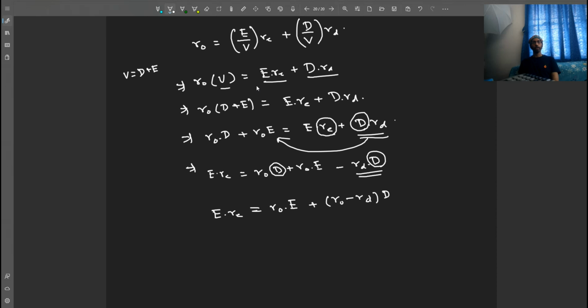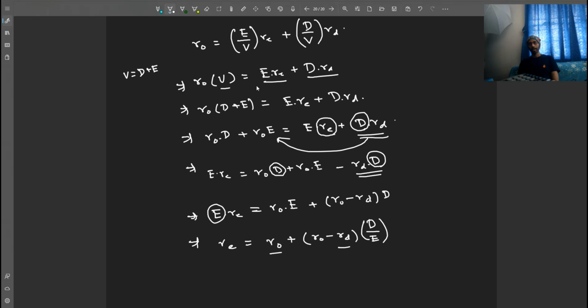Equity into cost of equity is equal to R0 into equity plus R0 minus RD multiplied by D. Now friends, if we divide both sides by equity, that is E, what happens? RE is equal to R0 plus R0 minus RD multiplied by D by E.